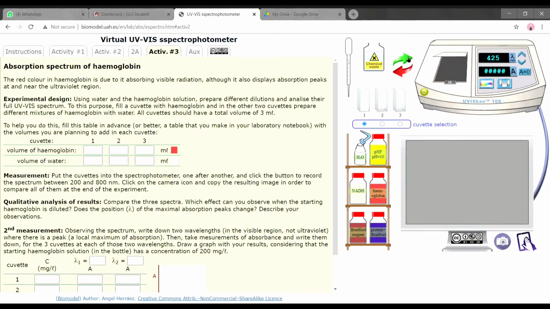So we put the cuvette 1 in the spectrophotometer and then set the wavelength for 425. It is the range of hemoglobin wavelength. So we set the A equal to 0 and then we put it out.